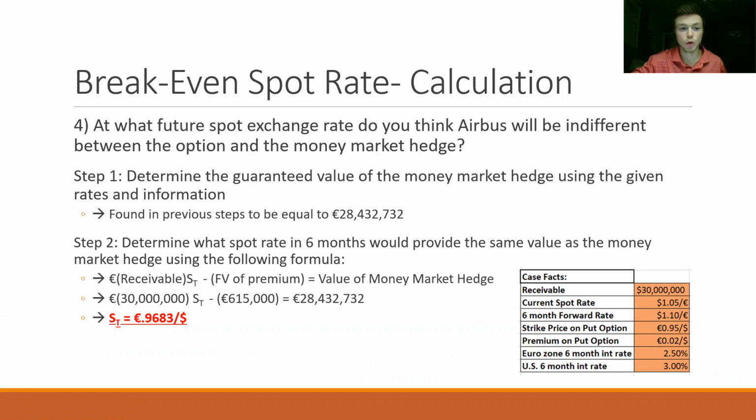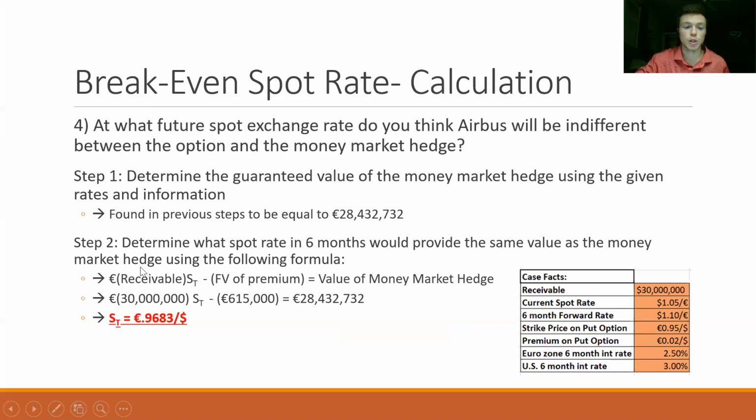And then step 2 is to determine what spot rate, this is really where we're getting our answer, what spot rate in 6 months would give us that same value as the money market hedge. And the formula to do that is as follows.